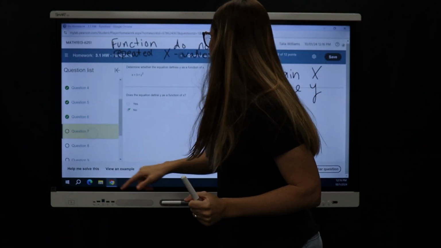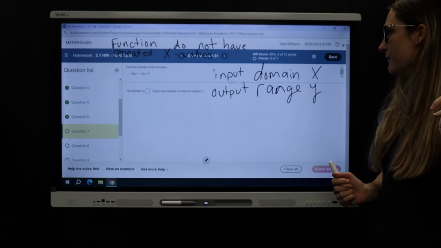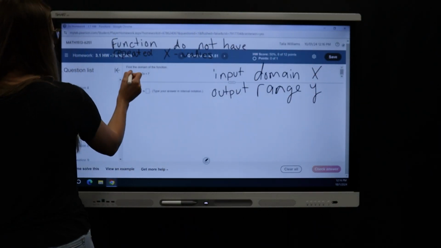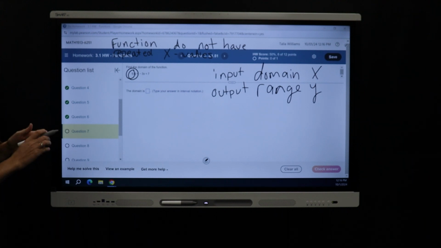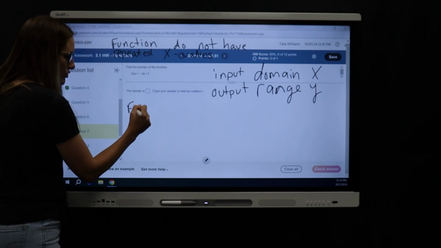So let's go here. Find the domain of the function f of x equals negative 3x plus 7. Real quick, because I don't think we've looked at this before. This right here, this f of x, that's how you say it. This is function notation.